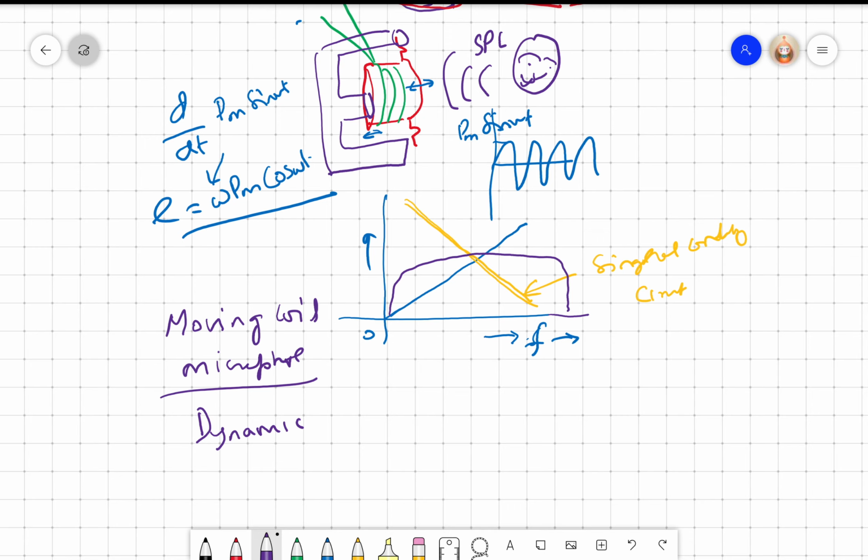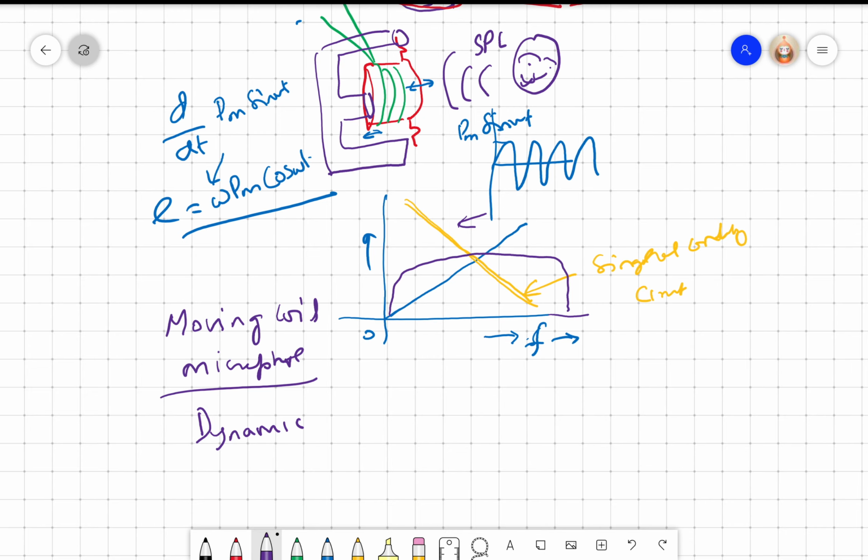One problem with the dynamic microphone, of course, is that it's very sensitive to vibration. So if there are vibrations, it will easily pick them up. And the second is that its low frequency response is poor, right? This kind of inverse characteristics, you can only compensate up to a certain level.